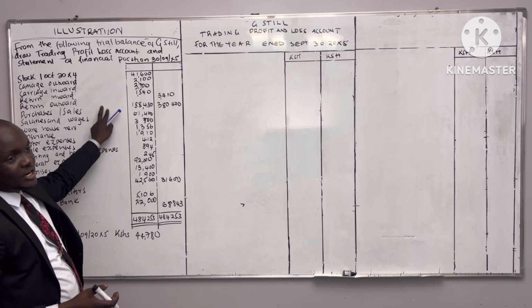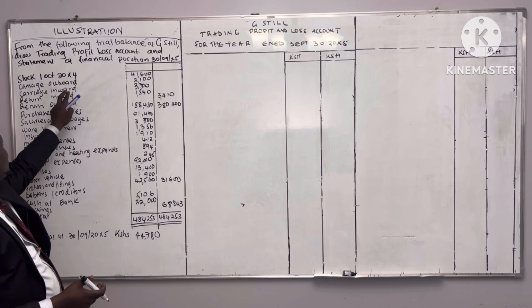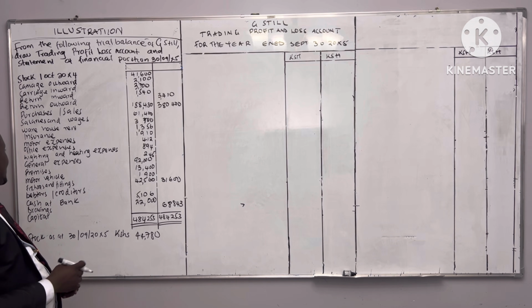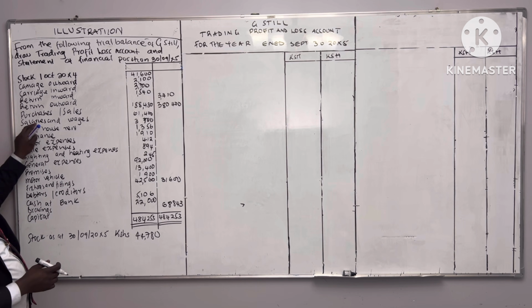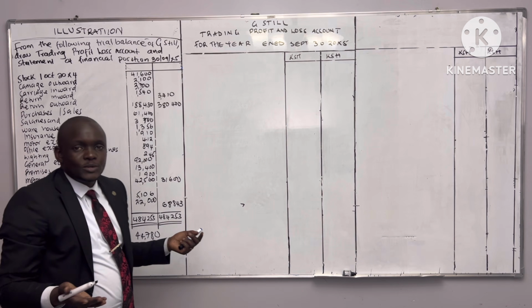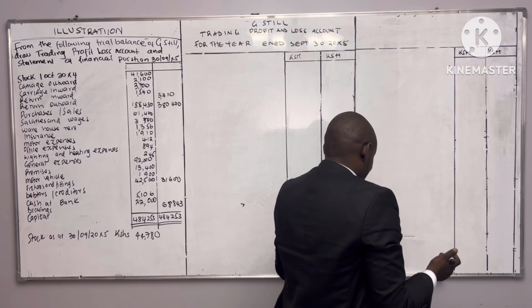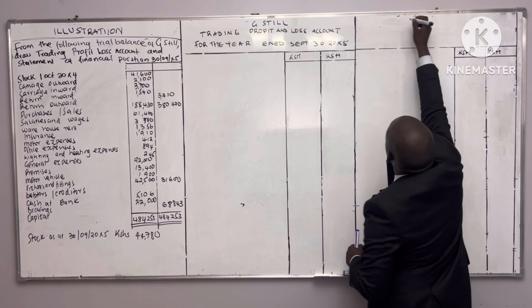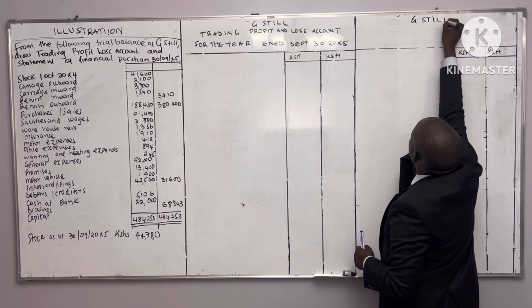This is the information given. We have stock, carriage outwards, carriage inwards, return inwards, return outwards, and then we have purchases, sales, all that. So let's start. We know the format of this. But before then, let me also draw this G Steel statement of financial position.